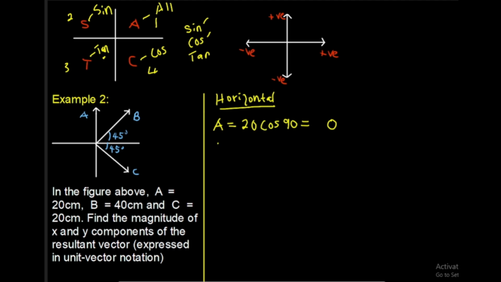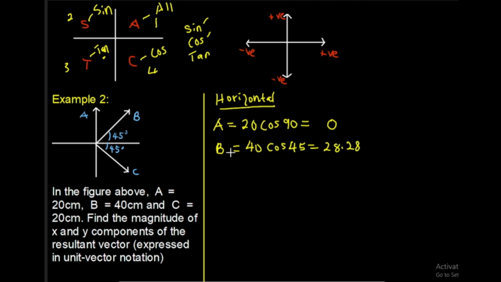Now you go to vector B. Again, what's the magnitude of vector B? 40. We are resolving horizontally, so we use cos. Now, what's the angle vector B makes with the horizontal? We have 45. This is vector B, this is the horizontal, and the angle it makes with the horizontal is 45. So we have 40 cos 45. That will give you 28.28.